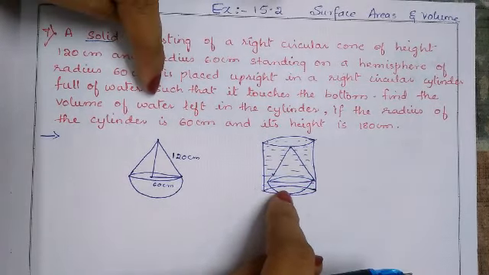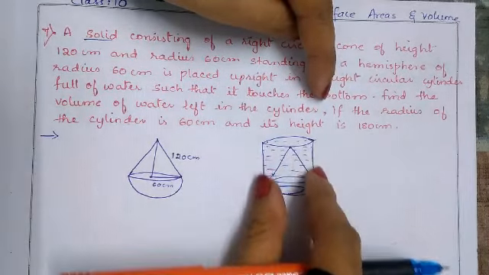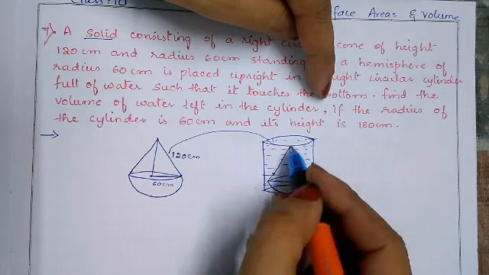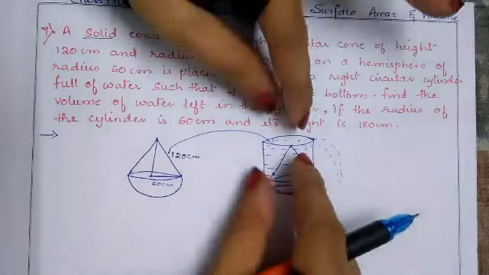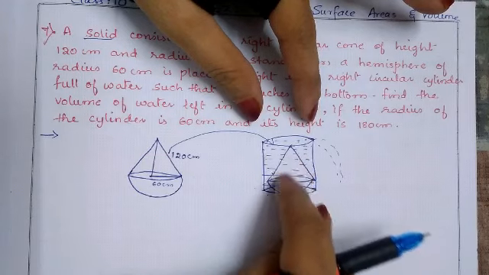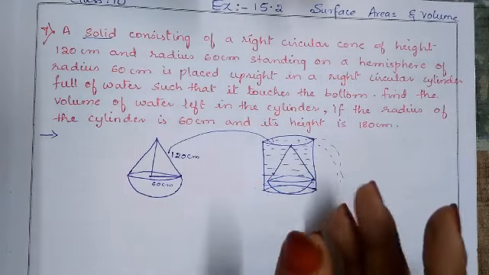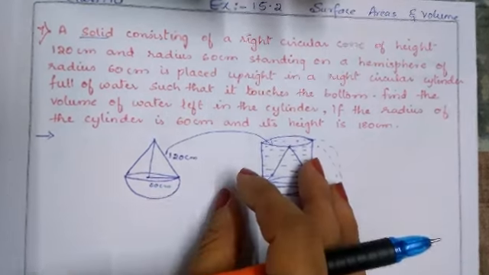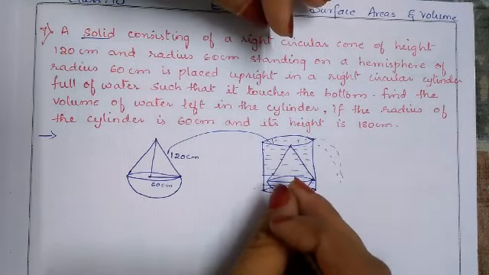Find the water left in the cylinder. This cylinder is full of water. As this solid is placed in this, the water will automatically flow out, right? For example, if we take a full glass of water and put some stone in that, the water will come outside automatically, because this stone will replace the place of water.